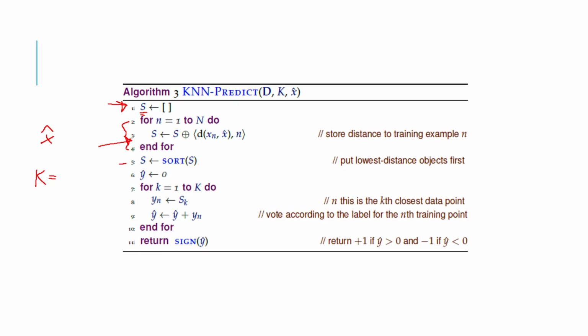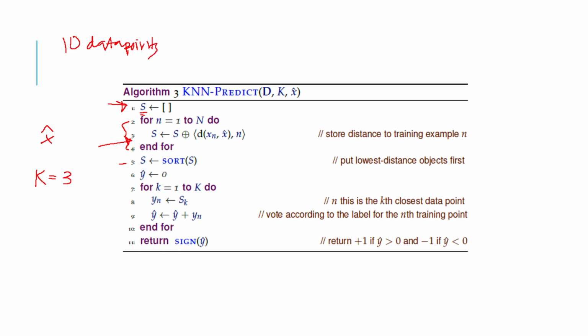So let's say the k value here is 3, and for this example, assume that we have 10 data points and k equals 3.